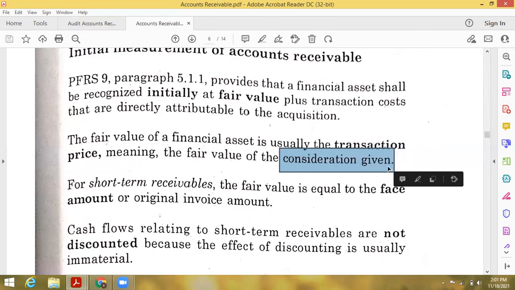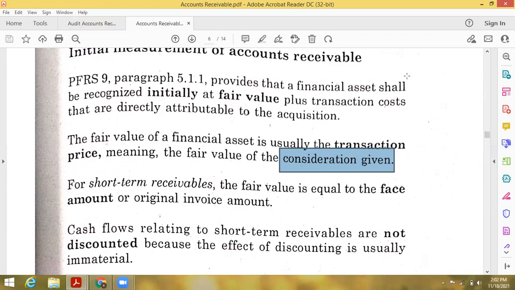So, pag na-record natin yan, accounts receivable, 1,000 pesos. For short-term receivable, fair value is equal to the face amount or the original invoice. So, ayun na nga. Kung 1,000 yung inutang mo sa akin, 1,000 yung accounts receivable sa iyo. Yun yung face value niya.